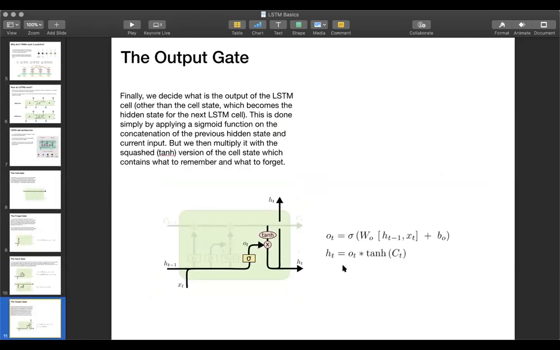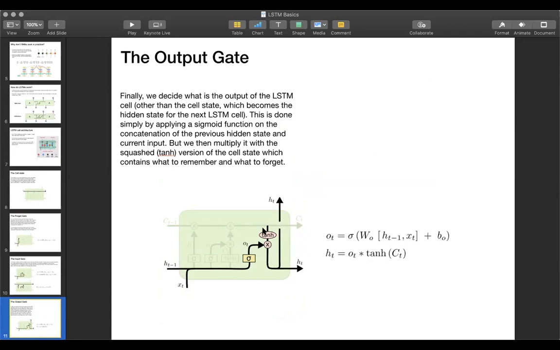Now the output gate works in a similar manner, but the purpose of the output gate is to generate just the hidden state for the next step. So what you do essentially is, again, very similar to all the other gates, the same computation with its own weight matrix and its own bias, with a sigmoid function that is provided to the hidden state. However, one small difference is that whatever cell state that you have calculated on top, you take that and multiply to the HT.